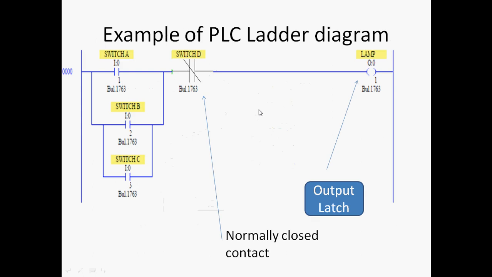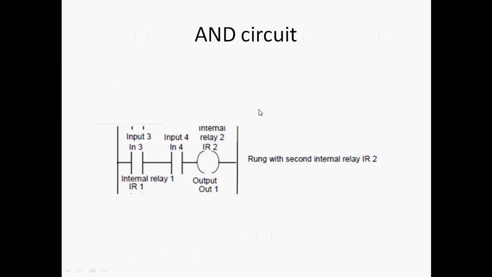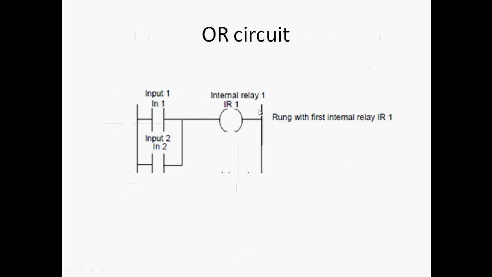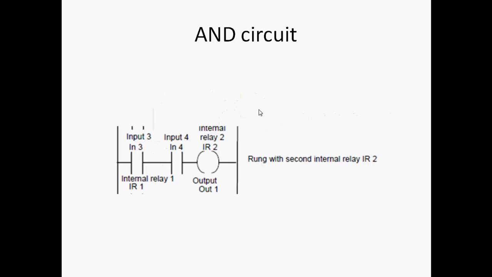While constructing this program, we'll discuss one program for that, and then we can go to the PLC ladder. If you consider this, it is the first AND circuit. This is your first input and second input, so you can construct an AND circuit here.